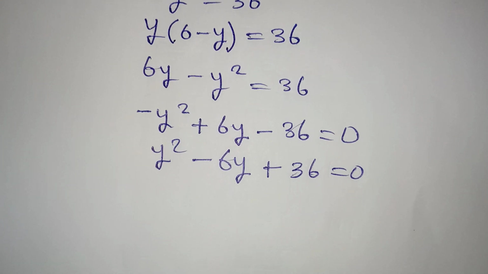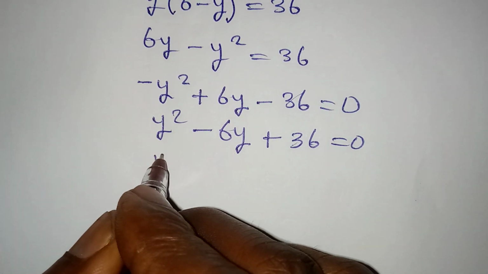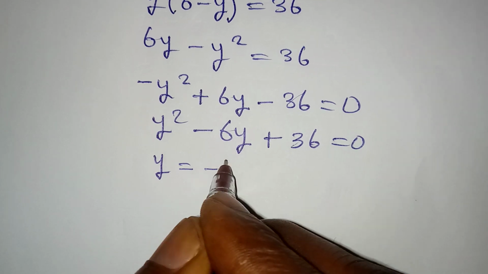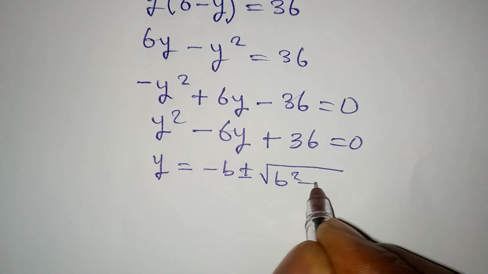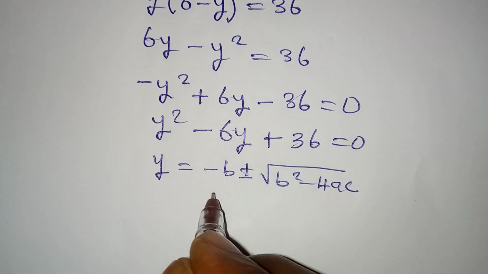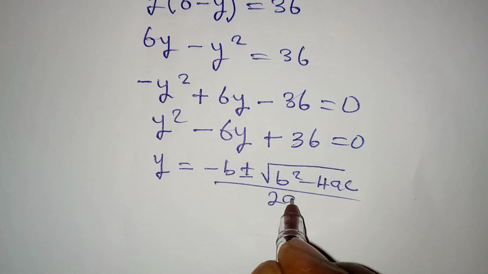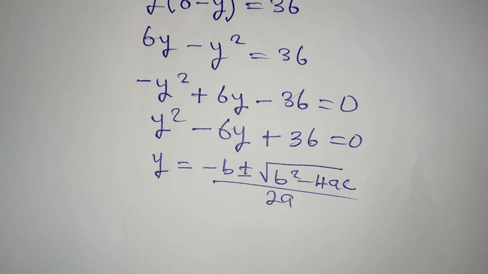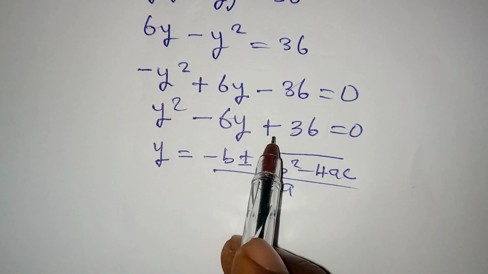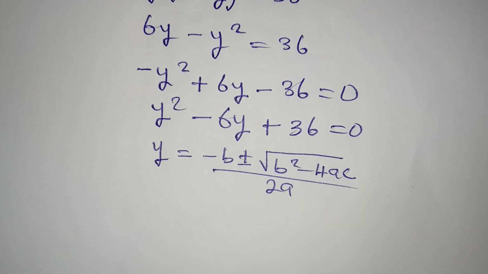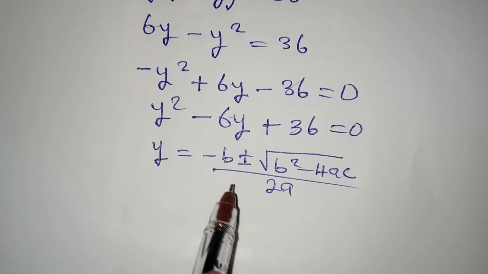Now use the quadratic formula for this, and our y will be equal to minus b plus or minus the square root of b squared minus 4ac, over 2a, right? And our a now is 1, our b is minus 6, and our c is 36. Now put this straight into this formula.